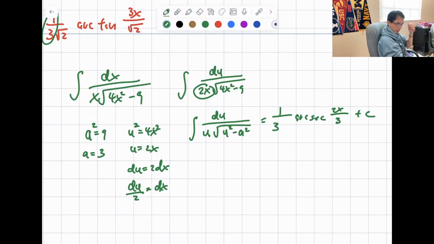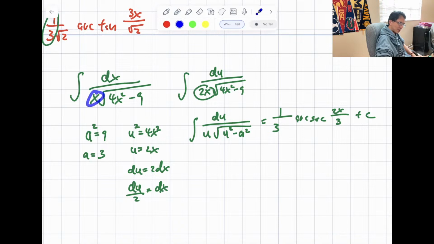Like in the original. This x? Yeah, you changed it. Because remember this dx, right? It changes to du over 2. So now that you have this x, it's half of u, but you need to have a u here.